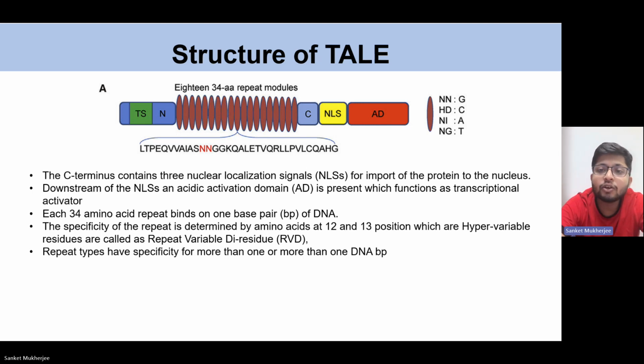The specificity of this binding is determined by the 12th and 13th amino acid positions, which are hypervariable residues. They vary a lot, and these are called repeat variable diresidues, RVDs. These repeat types have specificity for one or more than one base pair.